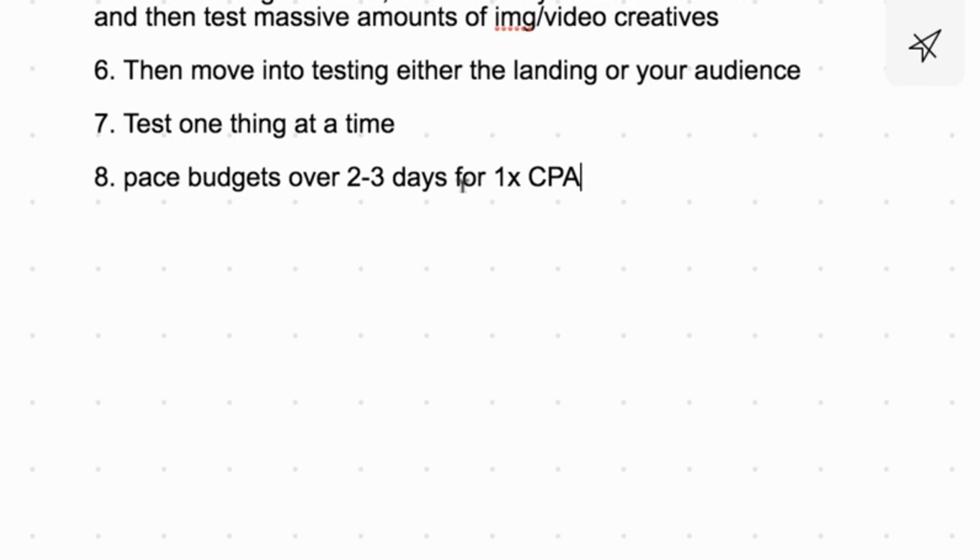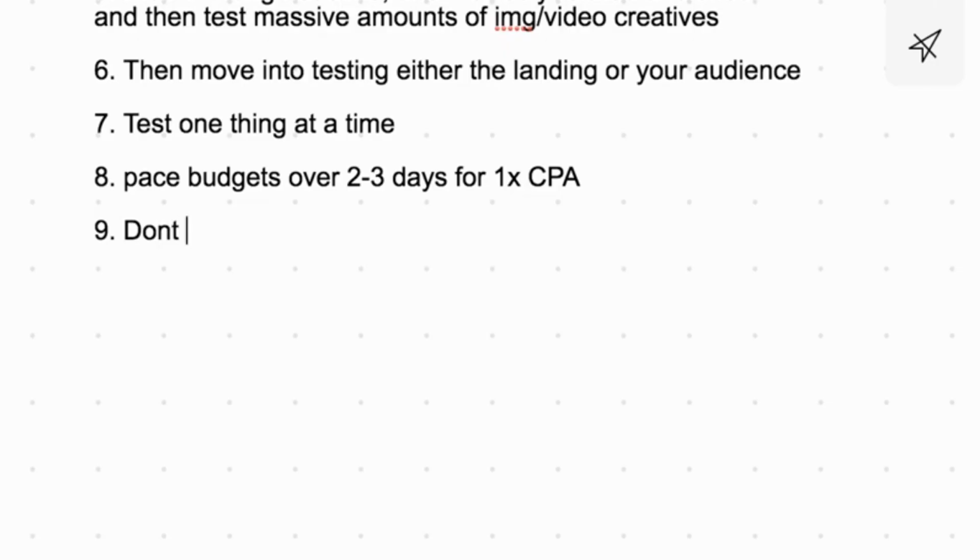Anything that you're testing, whether it be a different creative, a different landing page, a different audience, or a different placement on Facebook, you want to start it at a very, very low budget, and give it a couple of days to get results. I think another mistake is people try to spend the entire testing budget on day one.